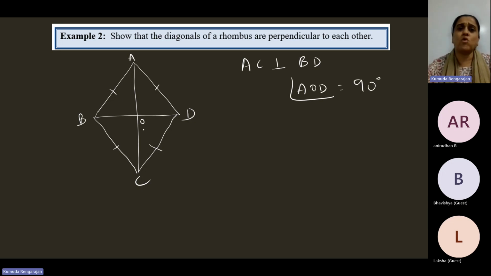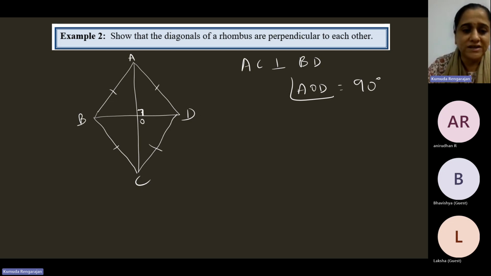AOD is 90 or AOB is 90 or BOC is 90 or COD 90, any one angle. That means AC is perpendicular to BD, right? So it's a very simple one. You just have to prove that, say this angle is 90 degrees. If you prove this is 90, that means AC is perpendicular to BD.